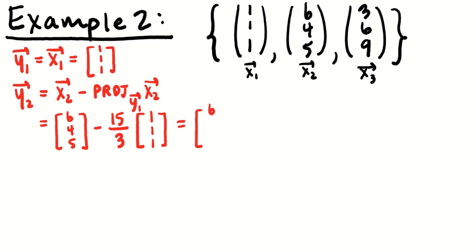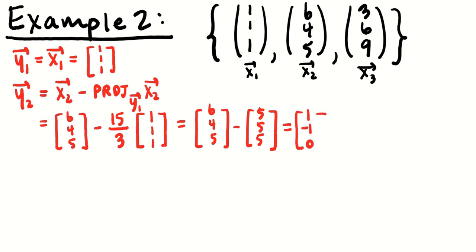Okay. So that's going to be 6, 4, 5 minus the vector 15 divided by 3 is 5. And I'm going to be left with a 1, a negative 1, and a 0.